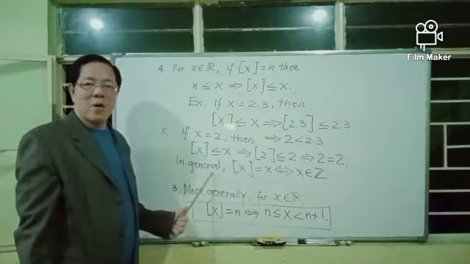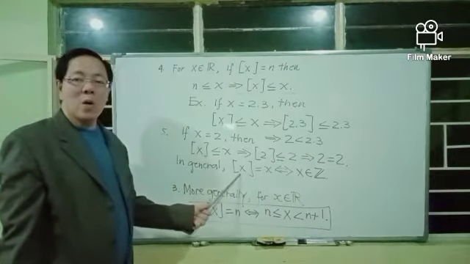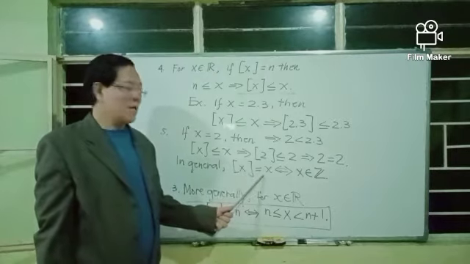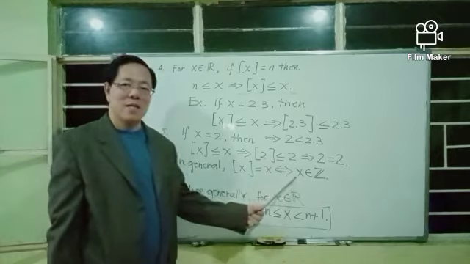In number 5, we now write the floor or the greatest integer function of x is equal to x if and only if x is an integer.